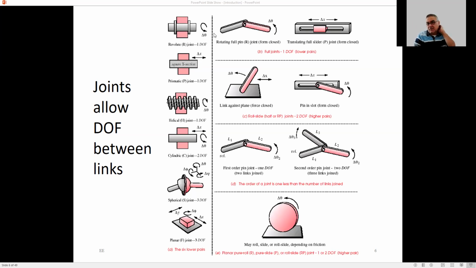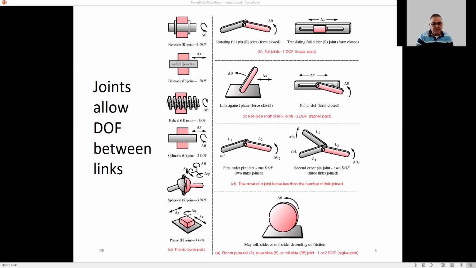These are the most common joints we are going to use, but there are, of course, other possible joints. I will come to these later on. For example, you might have link against plane, in which you have two possible motions, or pin and slot, in which again you have two possible motions with respect to each other.